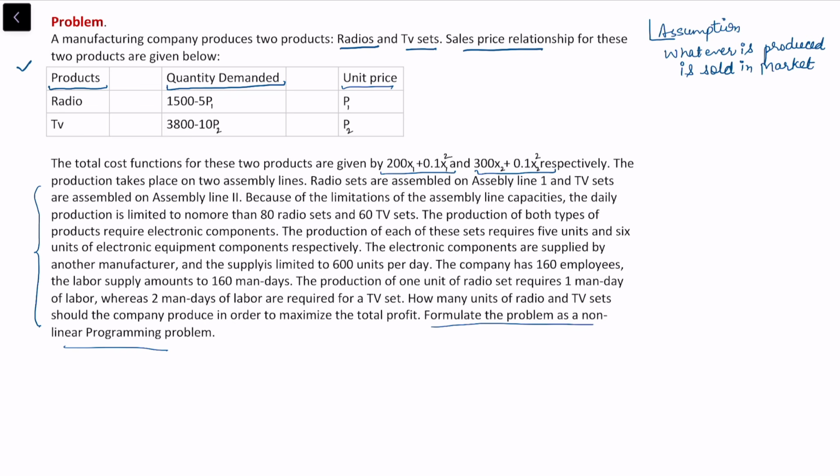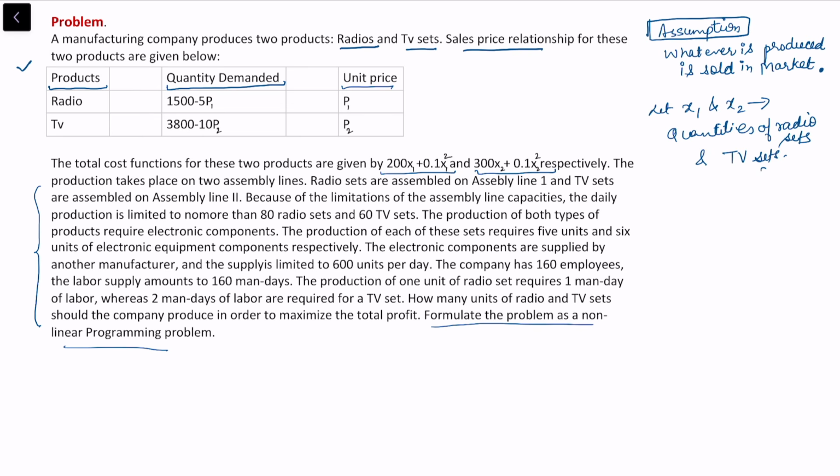We start our problem with this assumption that whatever is produced is sold in the market. So let's now take the decision variables x1 and x2. These stand for the quantities of radio sets and TV sets respectively.